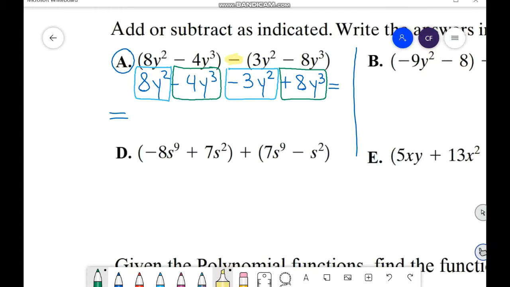Negative 4 plus 8, 4y cubed. And the following one, the lower degree: 8y squared minus 3y squared is 5y squared. That's it.